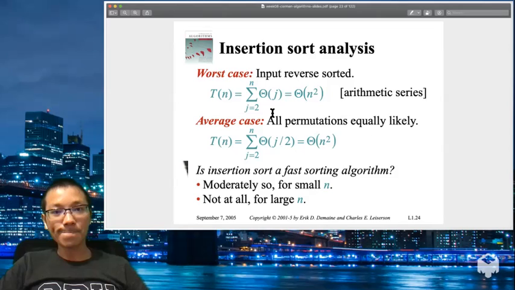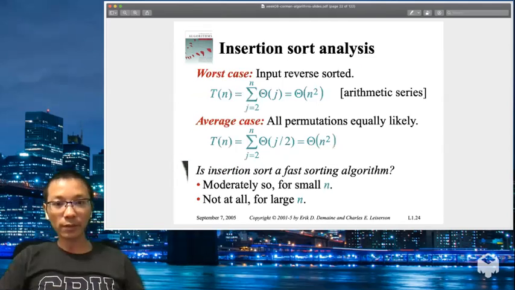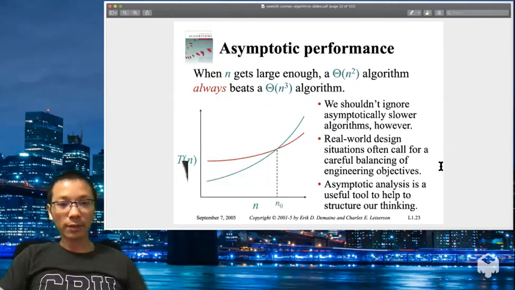So this is why, remember how we use this example: if the highest order term is n squared, essentially it's going to be theta of n squared. That's the running time. Keep in mind though, this bound is a tight bound from both upper and lower. Remember the definition here.